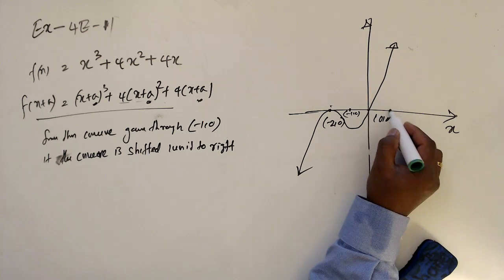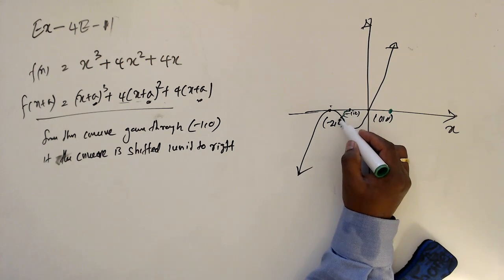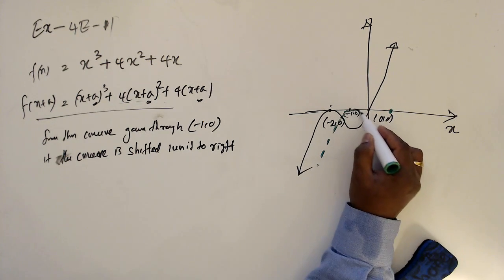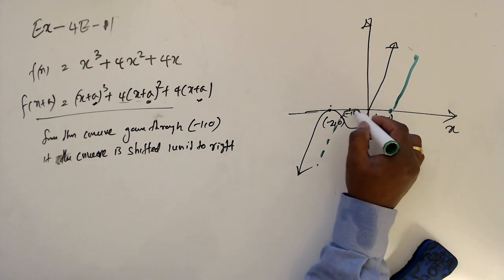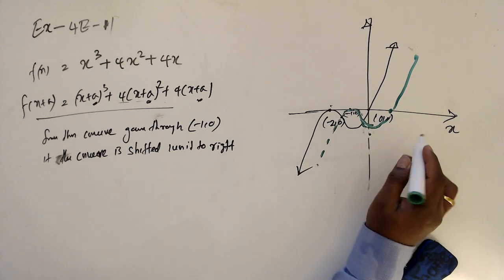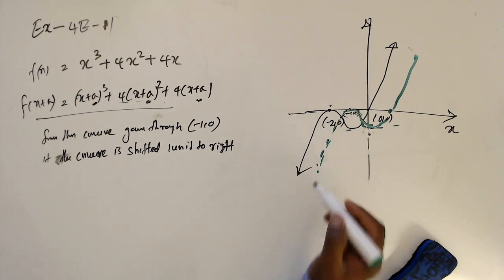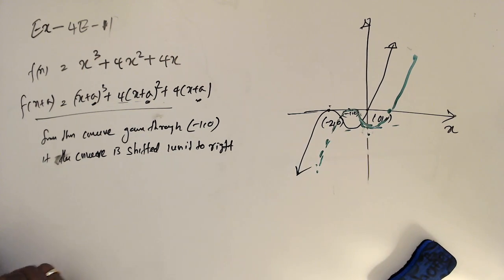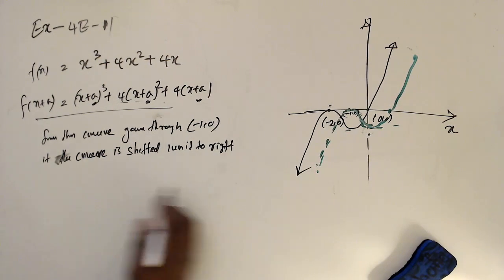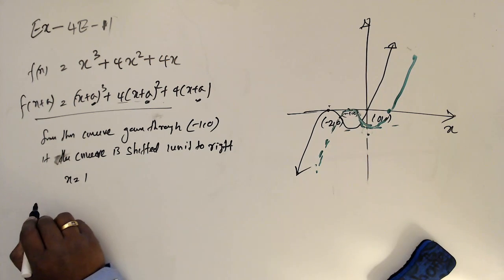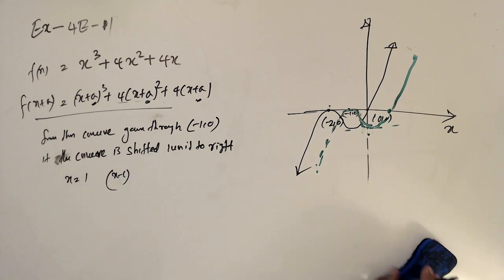So 0 becomes 1. This side has to be the same. Then still this curve goes through (minus 1, 0). What we did was we shifted to the right. x equals 1 you need to write. It means x minus 1.